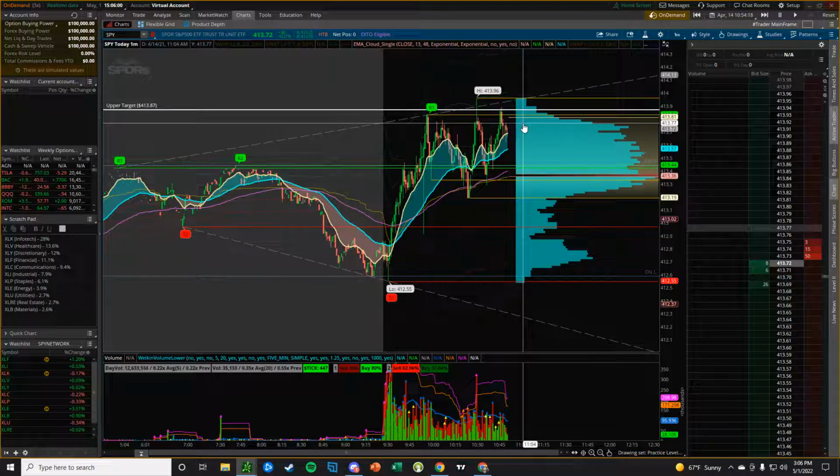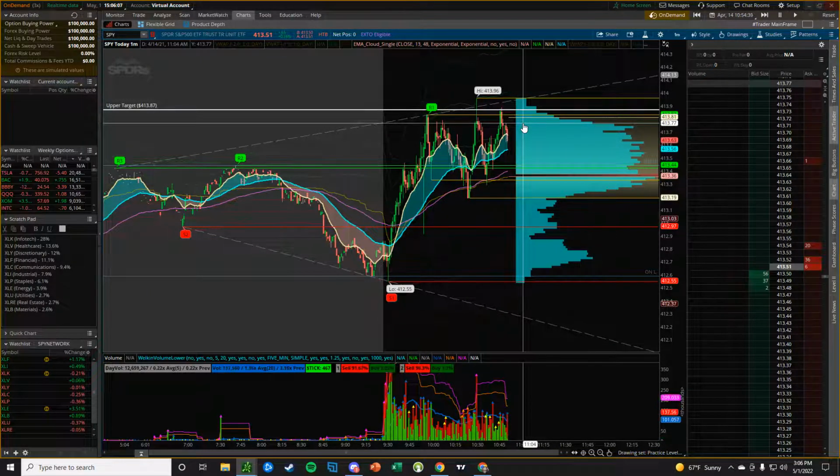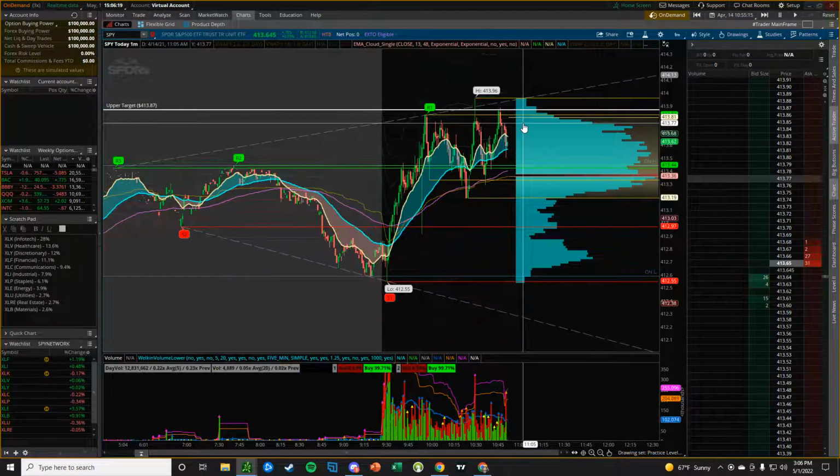The longer a consolidation area goes on for, the more proportional the eventual break and move will be. So if you have consolidation that lasts for a couple days, you can expect the eventual break to be pretty violent. And vice versa, if you have a consolidation that just goes on for a very short period of time, the odds of the move are probably not going to be super explosive.